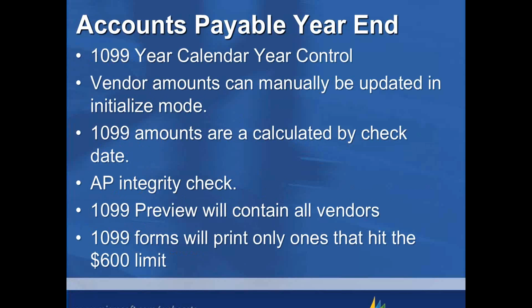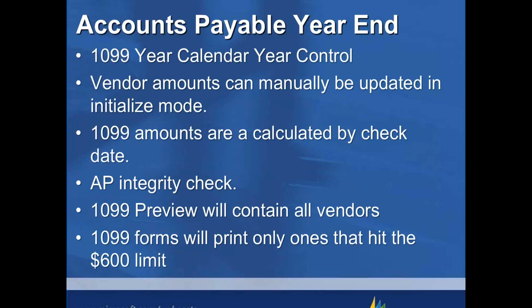Ultimately, you're going to want to run the 1099 calendar year control to purge the oldest year, which would then leave you with 2014 as the current year and 2015 as the next year. You must do that. You must have 2015 open before you'll be able to run any checks for 2015.